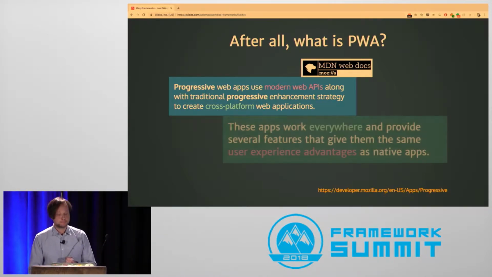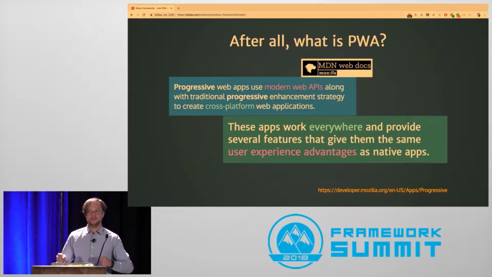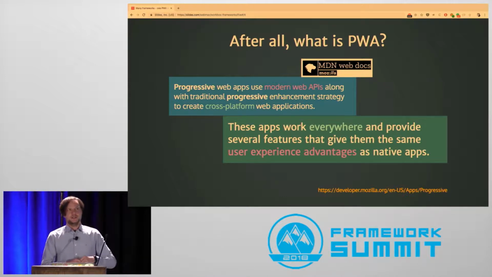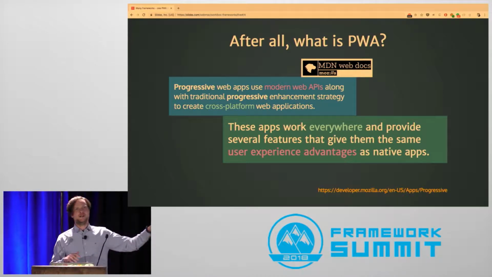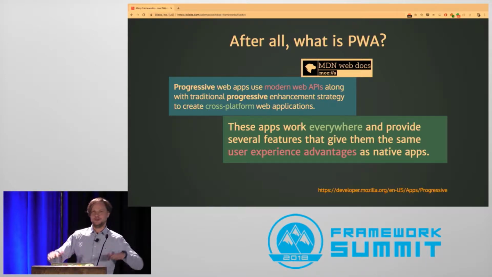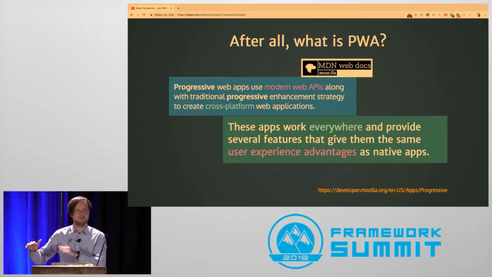And in an ideal world, these possibilities work everywhere, not only in all evergreen browsers, but on the operating system level on every platform, right?